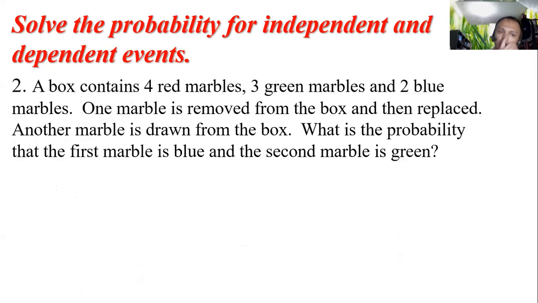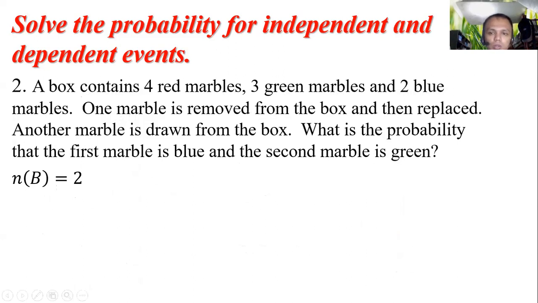Next, number 2. A box contains 4 red marbles, 3 green marbles, and 2 blue marbles. 1 marble is removed from the box and then replaced. Another marble is drawn from the box. What is the probability that the first marble is blue and the second marble is green? Okay? So again, isa-isahin muna natin yung number of events, no? For blue ball, no?